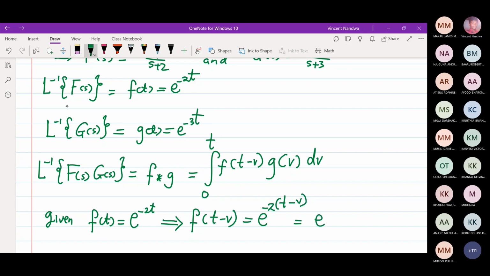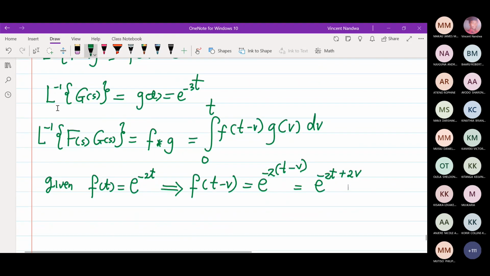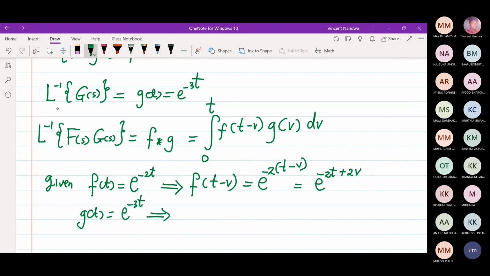And g of t is given by e raised power minus 3t, so g of v will be e power negative 3v. Correct. So we have everything in the convolution formula.